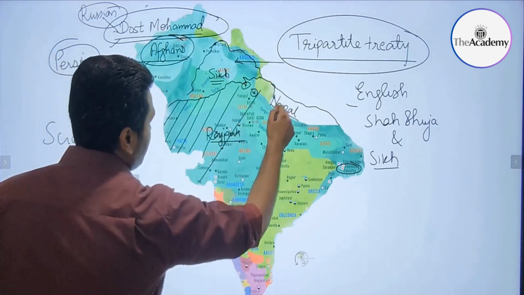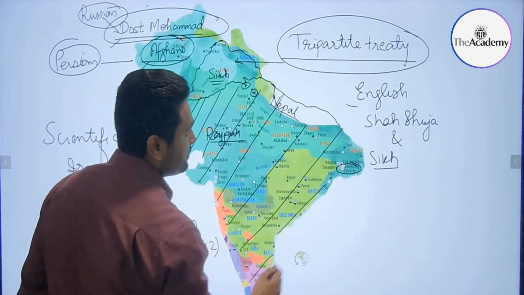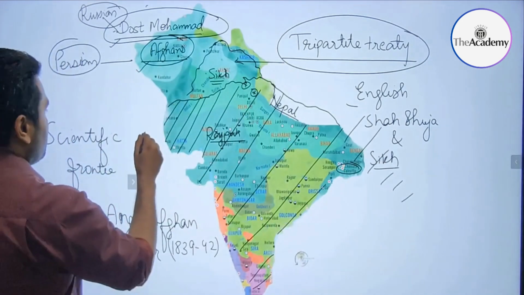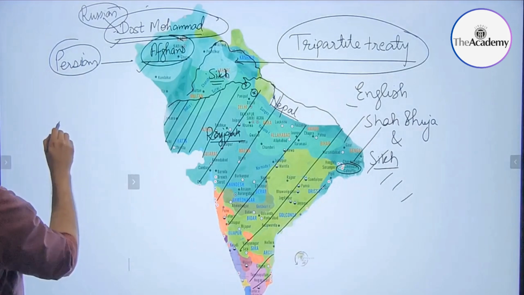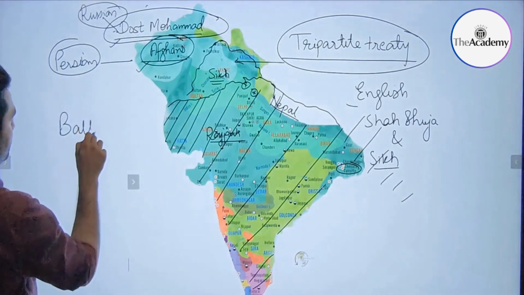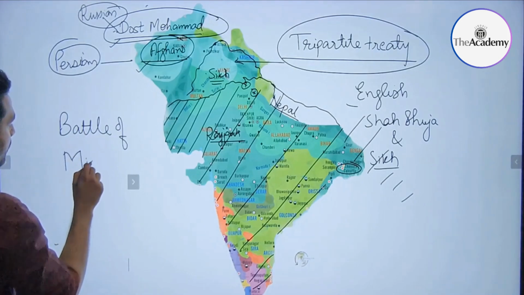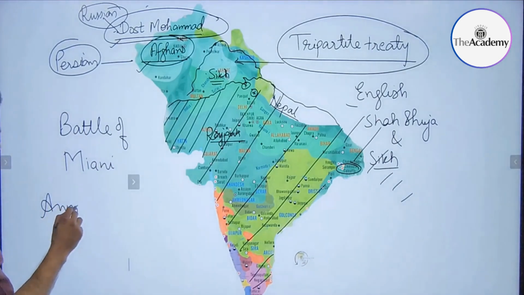So we see that the Battle of Miani, a very important battle, formed the basis towards the annexation of Sindh.